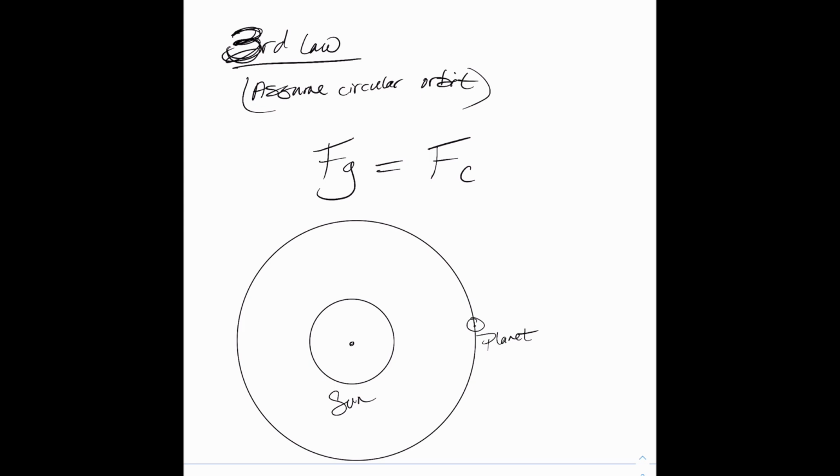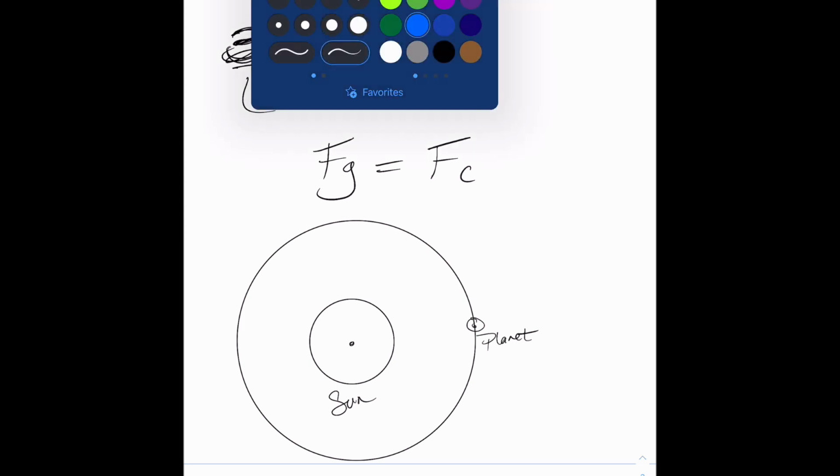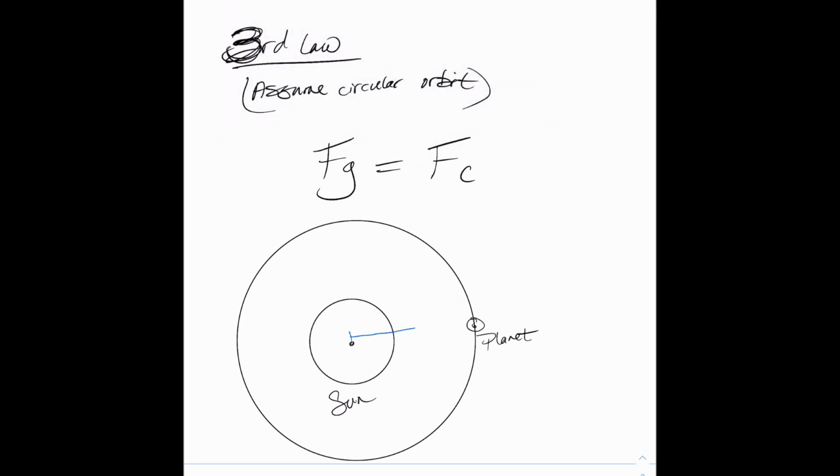We knew that the two were separated by a distance that we called r.